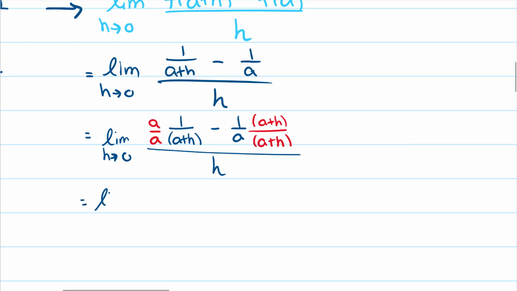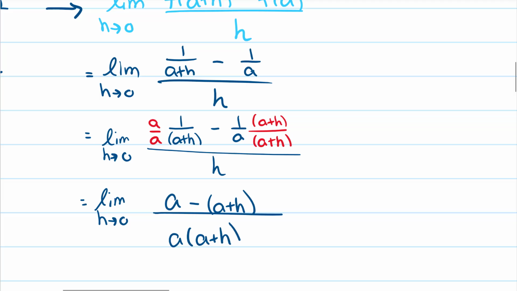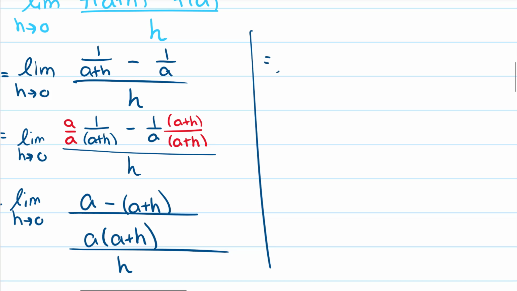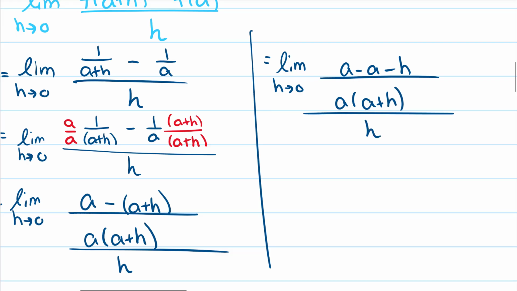So this equals the limit as h approaches 0 of a minus a plus h, all divided by a times a plus h, all divided by h. So this is equal to the limit as h approaches 0 of negative h divided by a times a plus h, all divided by h.